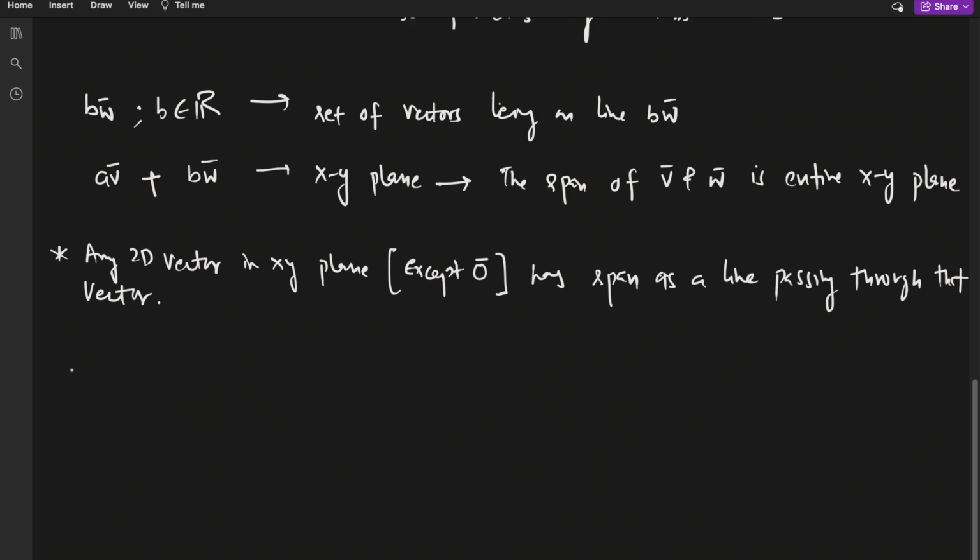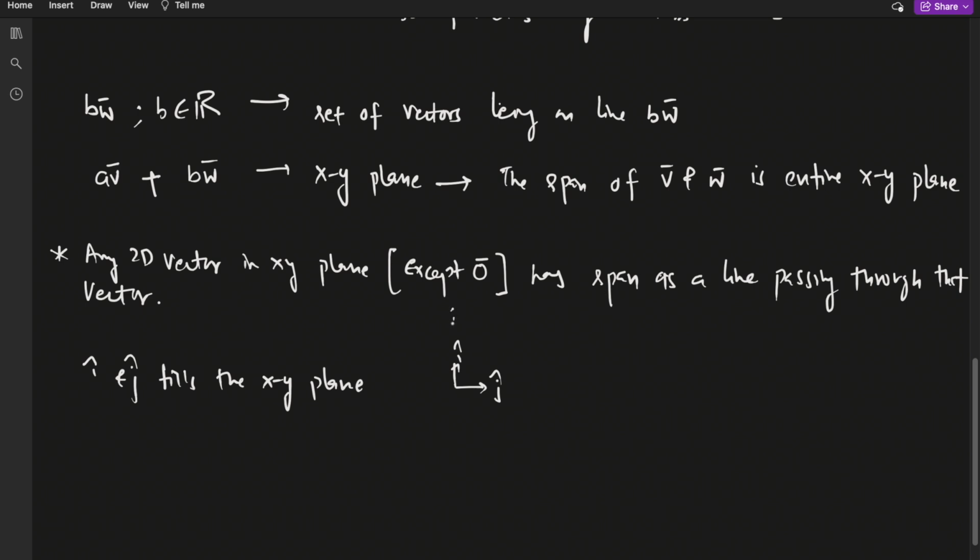So if you remember, in the last lecture, in the basis vector discussion, I introduced that i hat and j hat fill the xy plane. Why is that the case? Because i hat and j hat are not coinciding with each other, they are linearly independent.